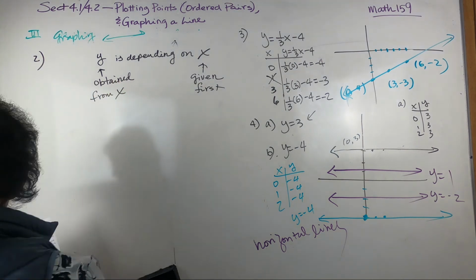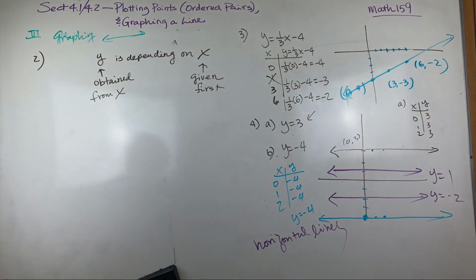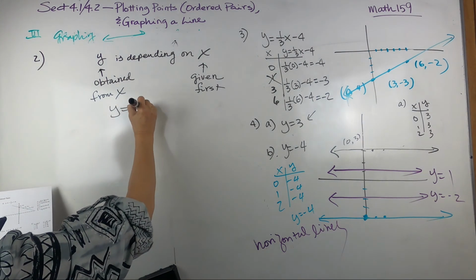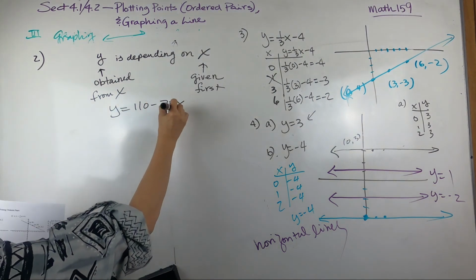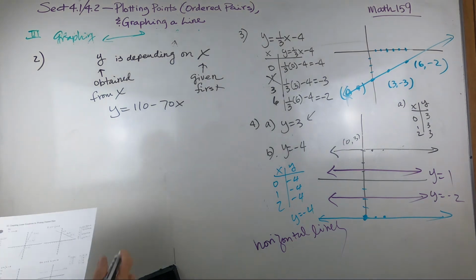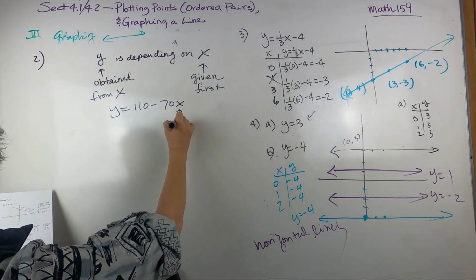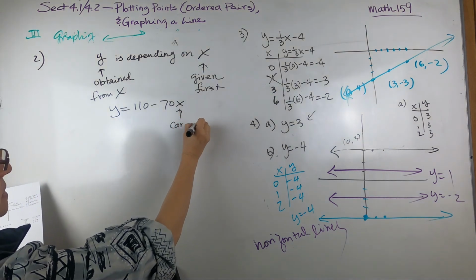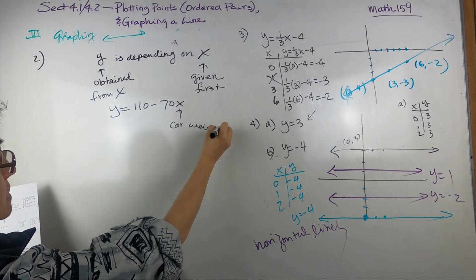That's what we are talking about, right? Regression line. Then if this regression line is y equals 110 minus 70x, then you need to identify your x and y. What are we talking about, right? So here x is what? A car's weight. Car weight. How much car weight, right?